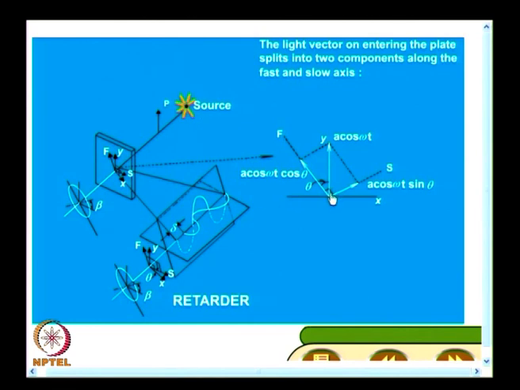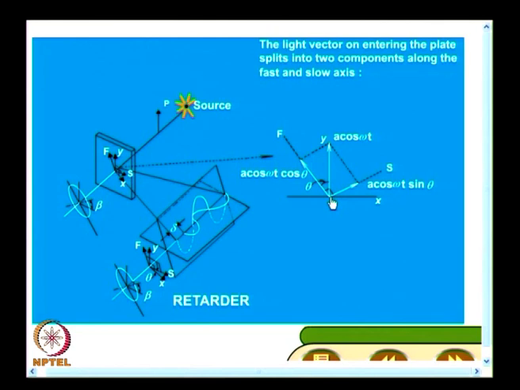If you look at what happens on the front surface, I have the reference axes x and y, and the crystal has reference axes slow and fast, which is rotated at an angle theta. So, whatever light is represented with respect to the xy axes has to be represented with respect to the slow and fast axes of the crystal plate.